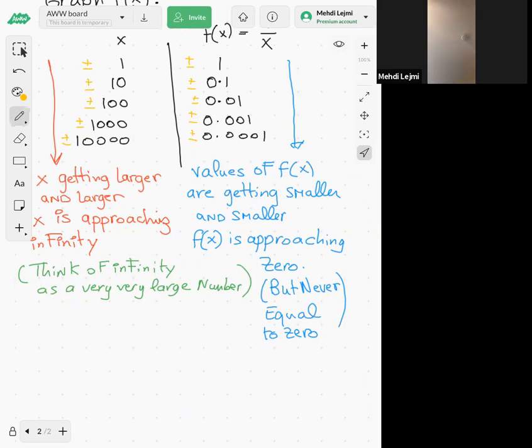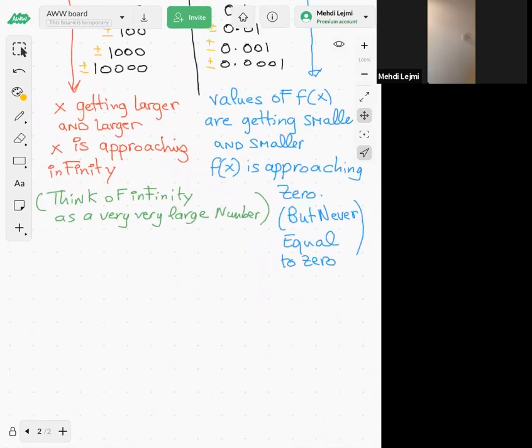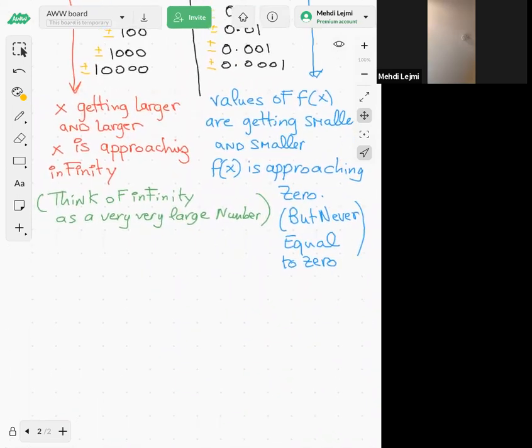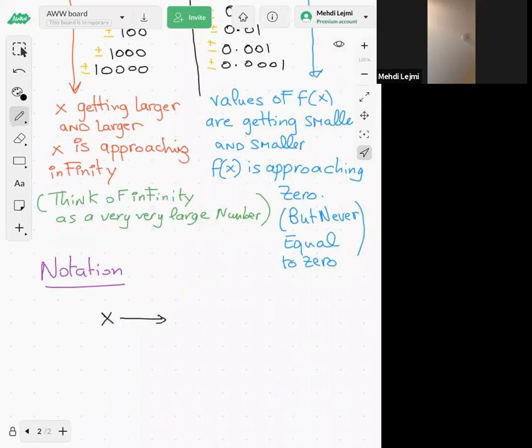Anyway, before the graph, let me just fix some notation here. When I say x is approaching infinity, I'm going to denote that by x, an arrow, and then infinity.